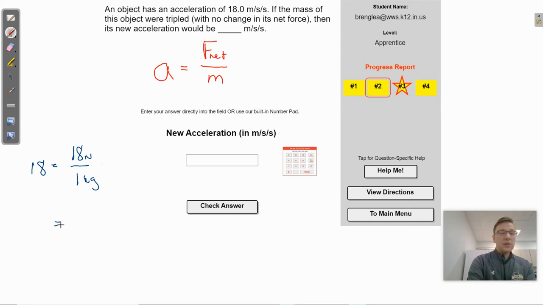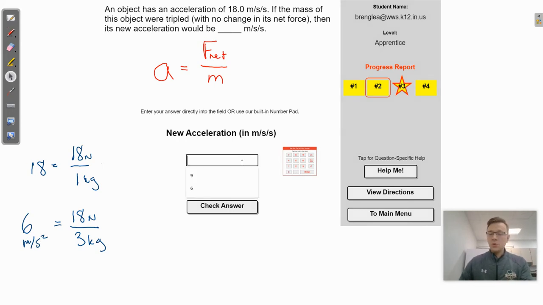So if we leave the net force the same at 18 newtons, and we triple the mass, so now it's 3 kilograms, well, 18 divided by 3 is going to be 6 meters per second squared. We'll type in 6. You can see here that we tripled the mass, and it divided the acceleration by 3. So they're opposites, right?